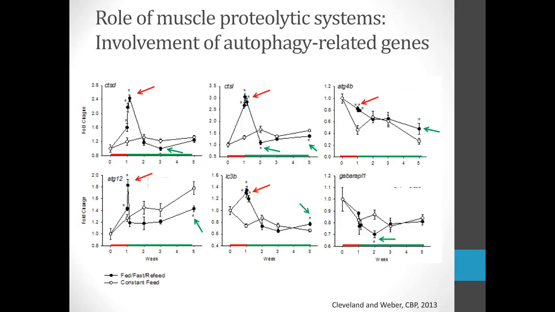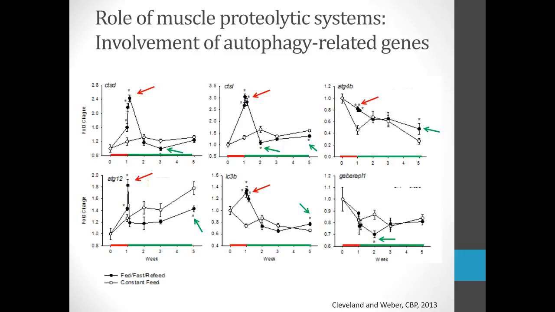Like the previous gene, it seems that this system clearly plays a role in the feed deprivation response, with numerous genes within this pathway upregulated after a week of feed deprivation, which is demonstrated by the red arrows. And this really isn't surprising because during feed deprivation, muscle is broken down to provide amino acids necessary for continued protein synthesis and energy substrates.